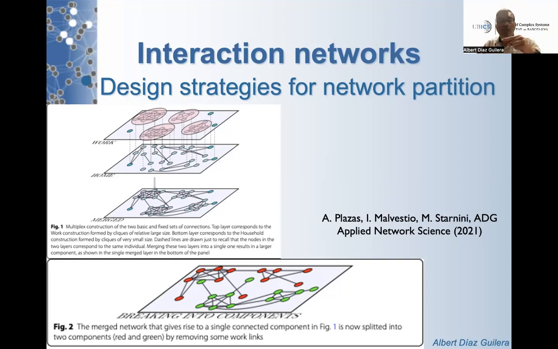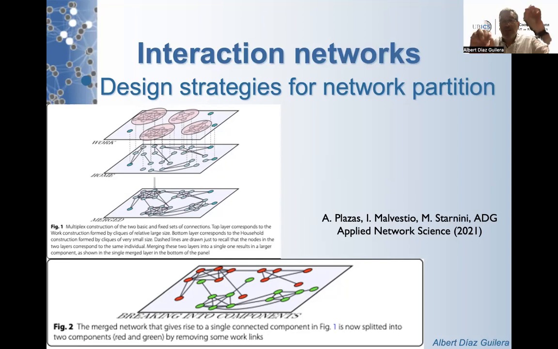Here, the idea was that taking into account how people live, how people work, we could define some sort of a strategy, let's say, avoiding just some people working, and then avoiding the appearance of a single connected component, which of course favors the propagation of the disease.